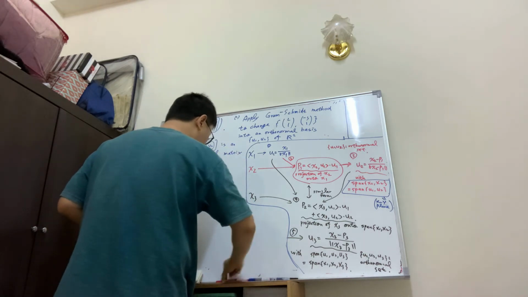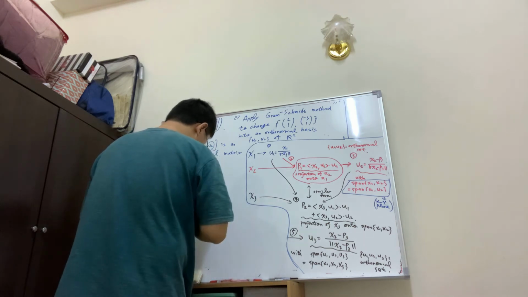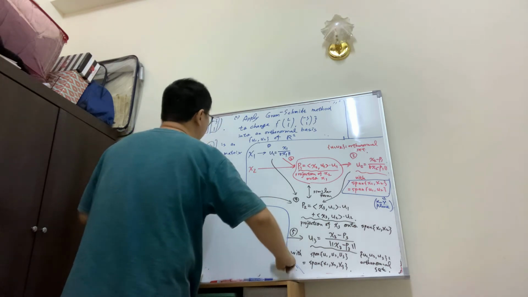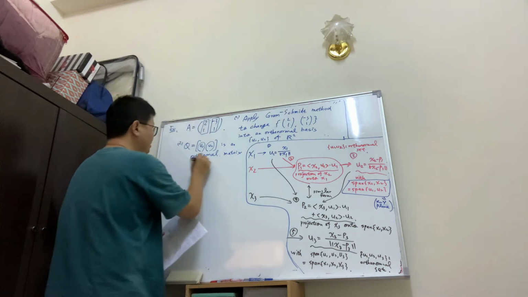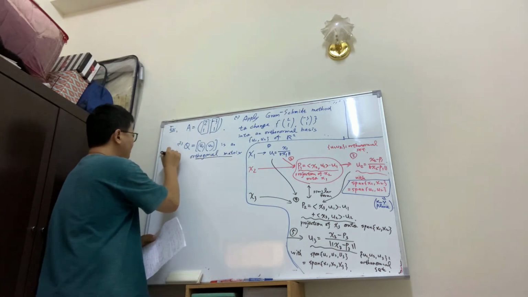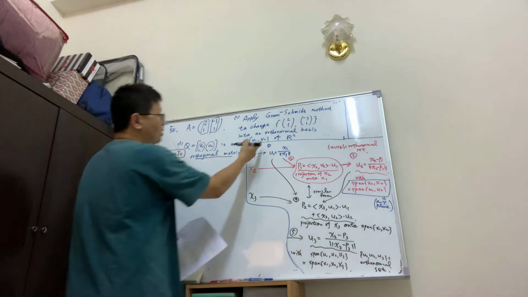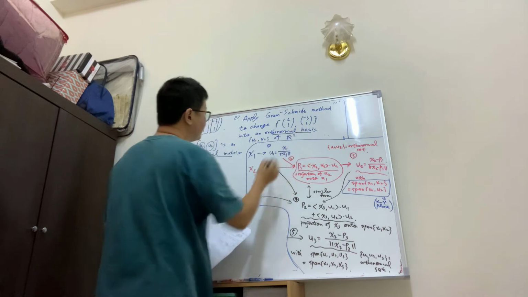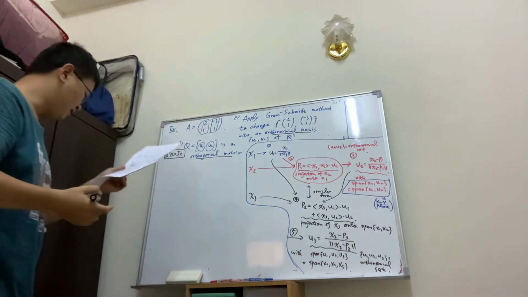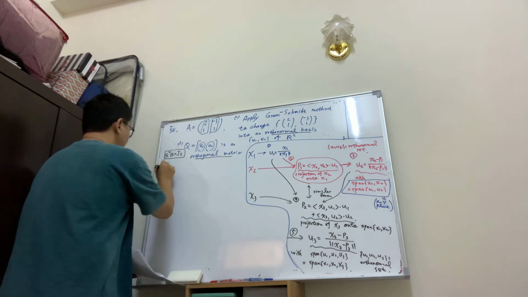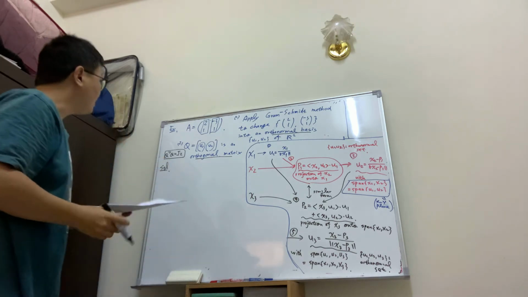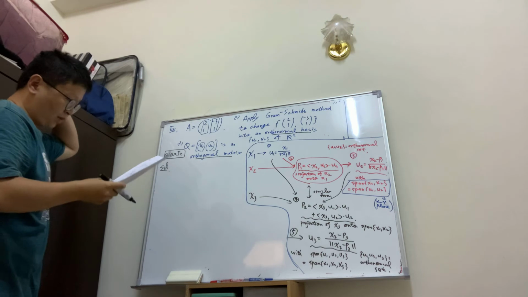It's the second result, and it is easy to see. Orthogonal matrix means that Q transpose Q equals identity, and as we know, U1, U2 are an orthonormal basis. But later I will write it down again. Anyway, so first one.